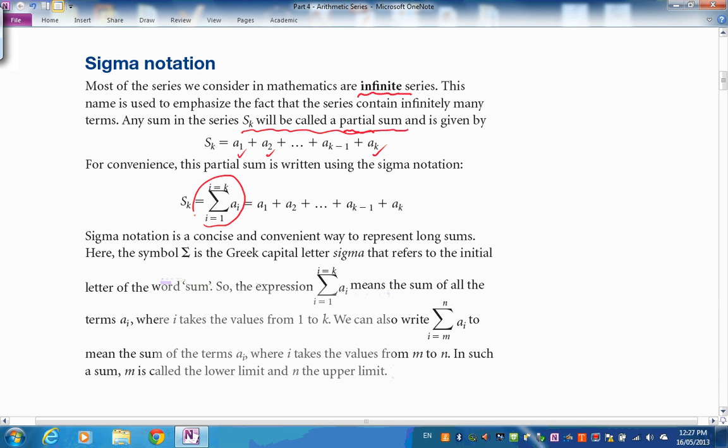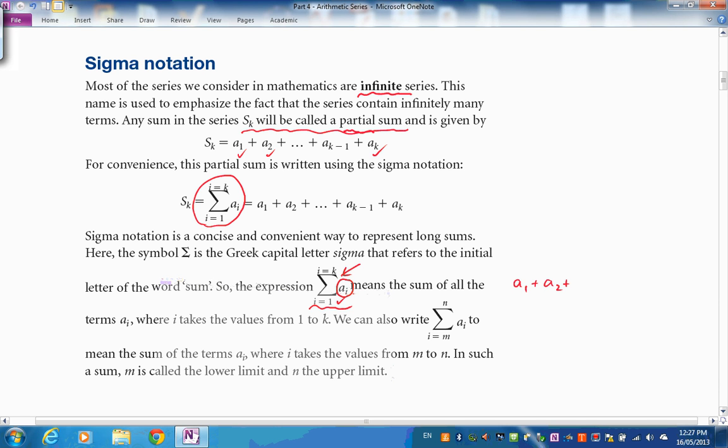So there is a notation. Here it is here. Commonly used in mathematics, not just in series work. Let's read what that means. This sigma means the sum of all the terms that look like this, from i equals 1, so the first one is a_1, up to k.